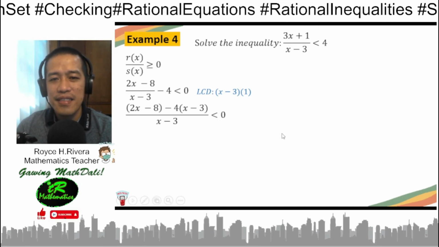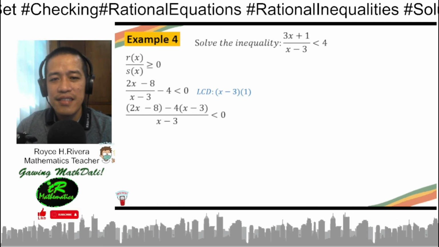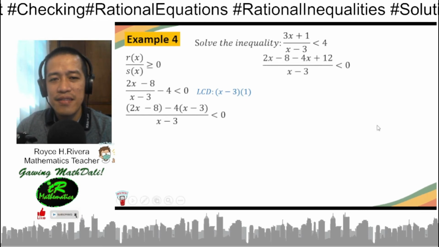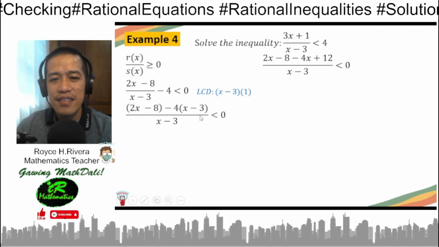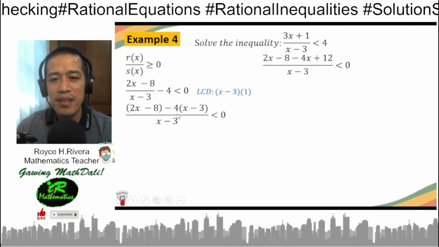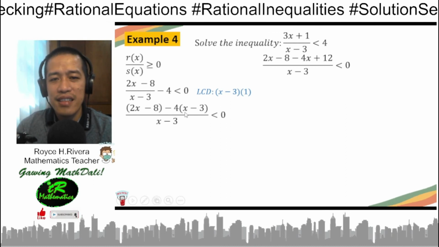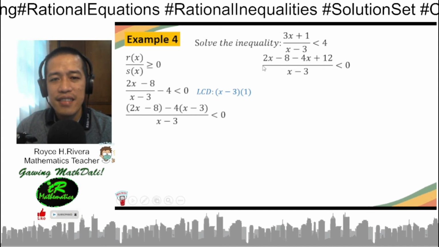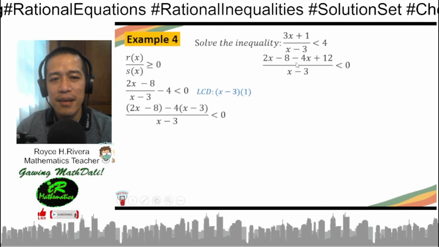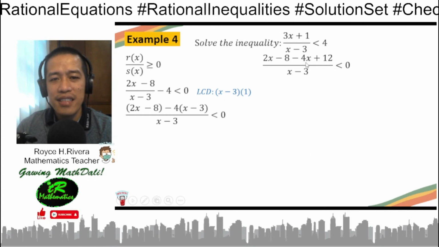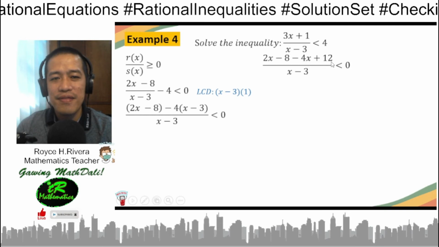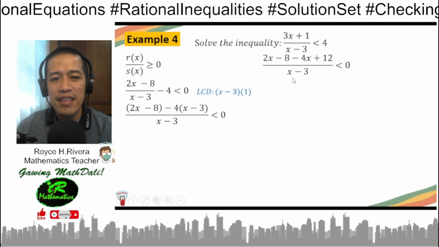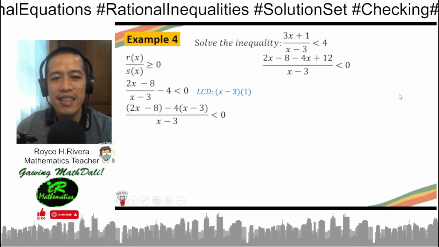Let us continue. By multiplying 4 and x minus 3, we will get 3x plus 1 minus 4x plus 12 all over x minus 3 less than 0.